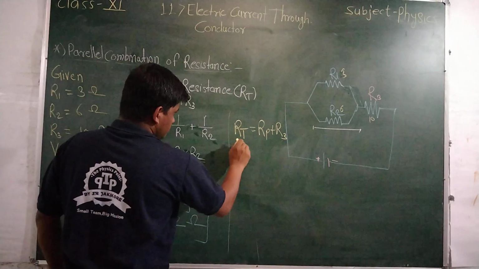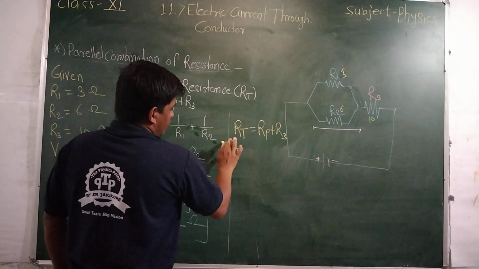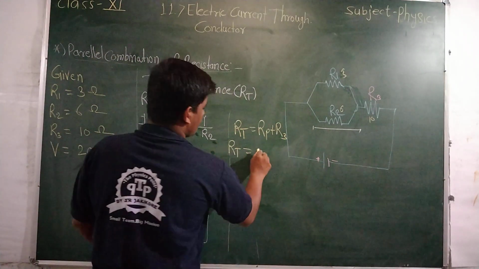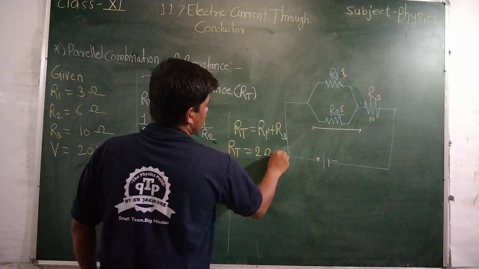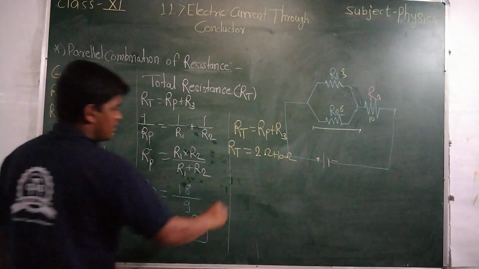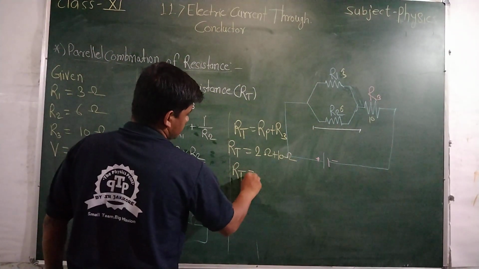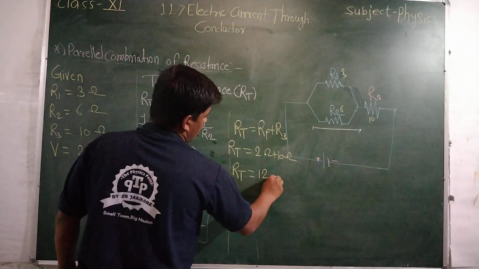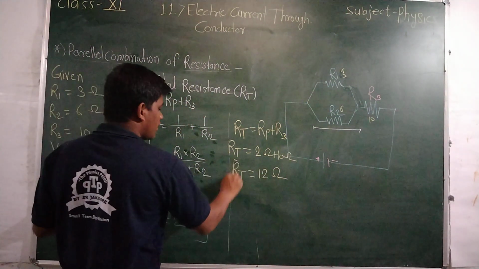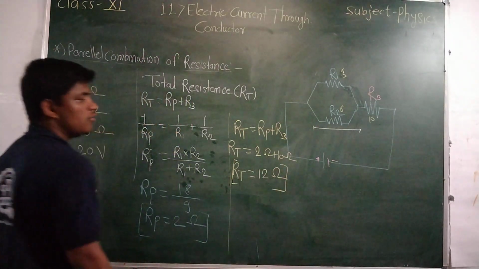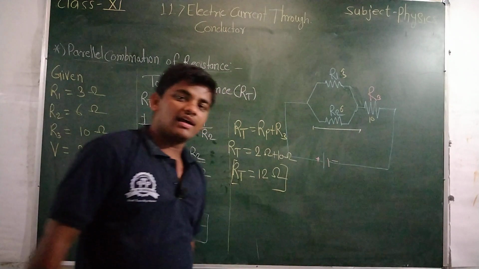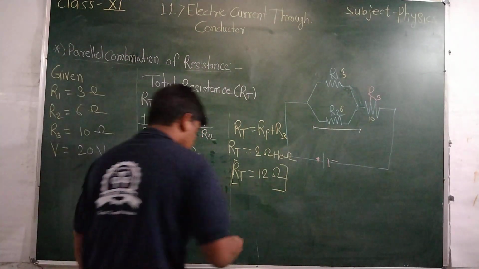Total resistance RT is equal to RP, which is 2 ohm, plus R3, 10 ohm. Then RT is equal to 12 ohm. This is the total resistance of the given circuit, and I will find the total current according to Ohm's law.